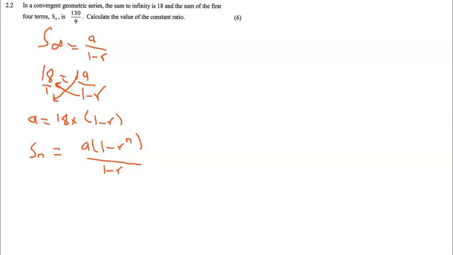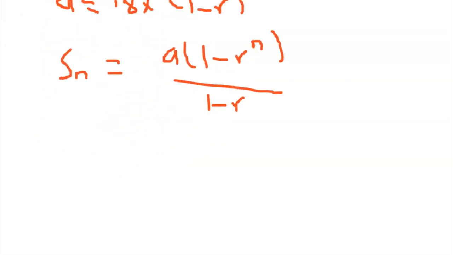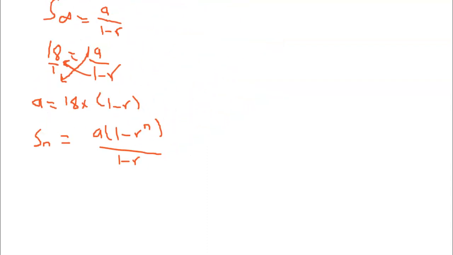So far we know what Sn is. Remember, it's S4. The same thing applies as for quadratic and arithmetic: when you see n, you put 4, because it's 4 terms. To save time, we already know what a is.